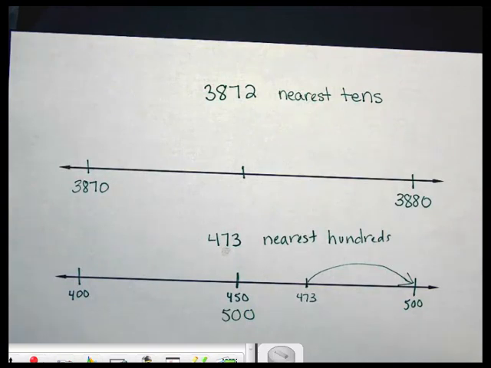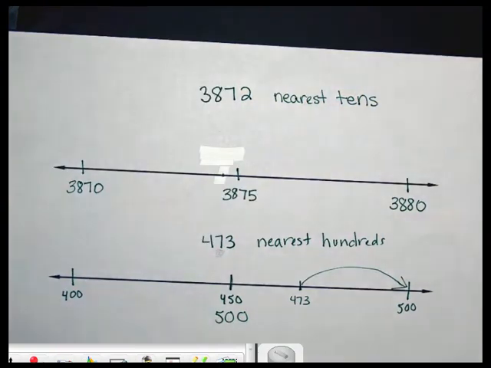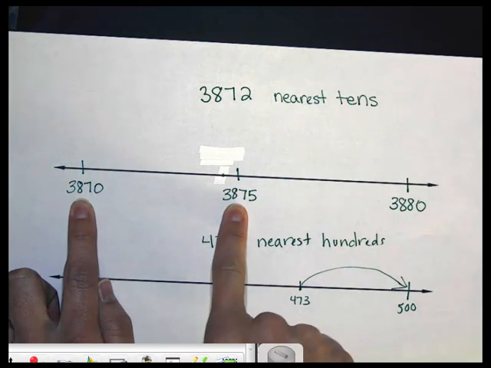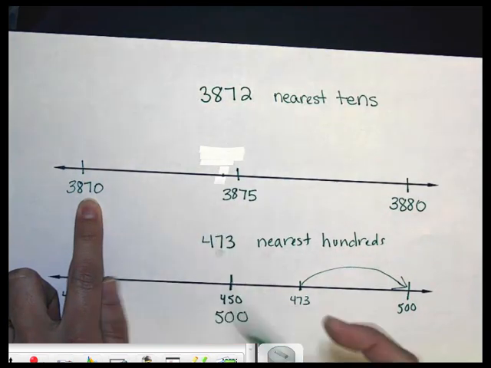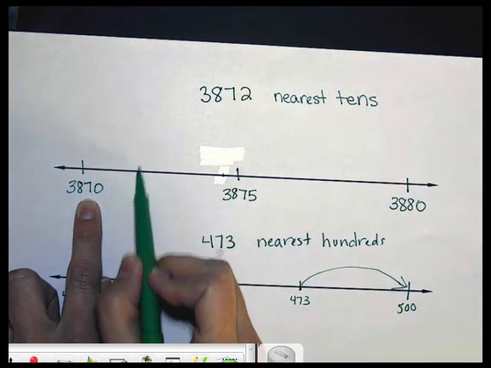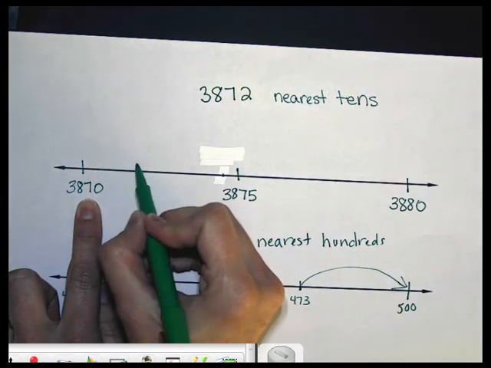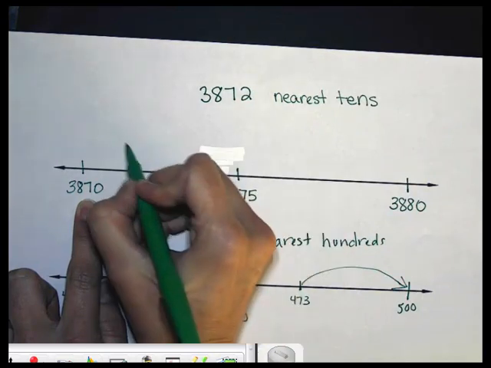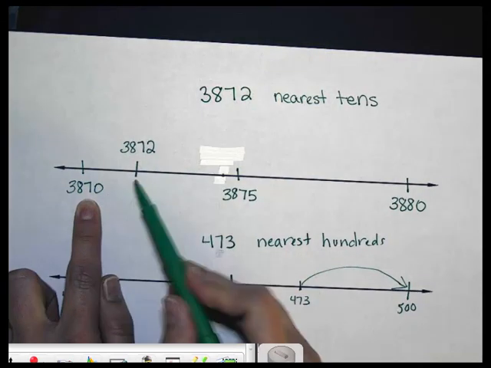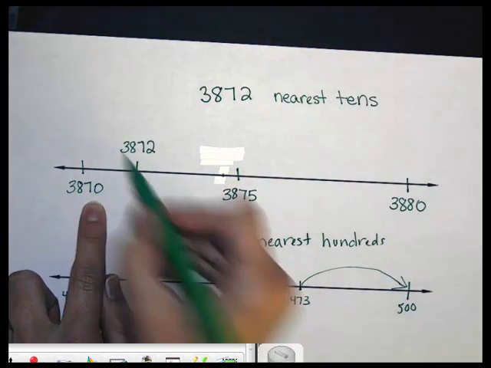Now we're going to do an example with the number 3,872. We're going to try rounding this number to the nearest tens. Now I'm going to think about where 3,872 falls on the number line. Well, I have 3,870 here, 3,875 here, so I've got 3,871 about here, 3,872. It's going to be about right here. And if you'll notice, it's much closer to 3,870.